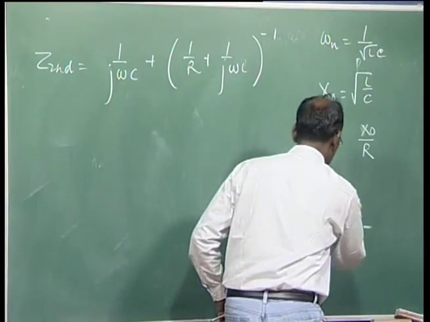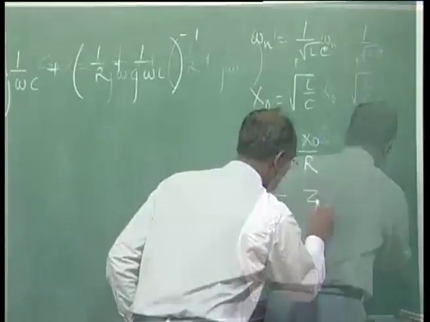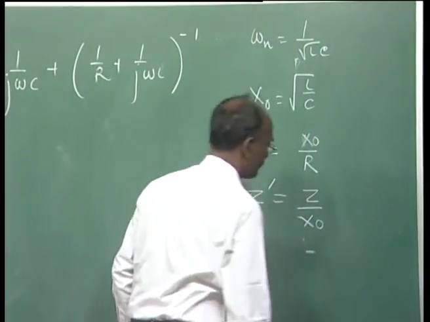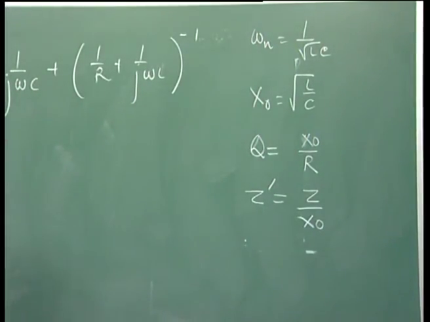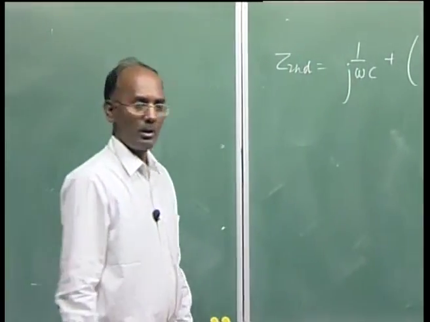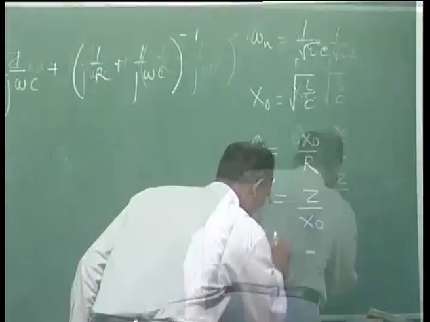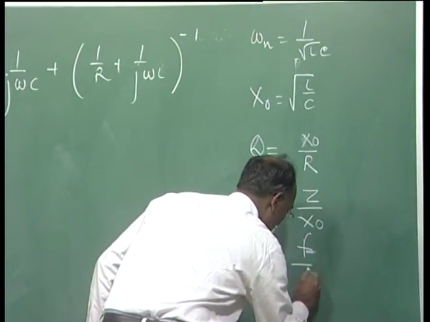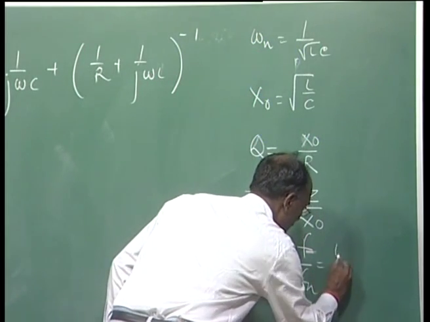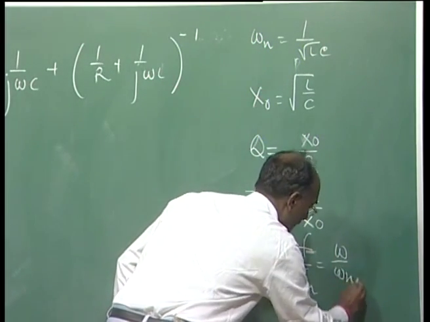Here this Z prime we are going to get is Z upon X naught, meaning we are talking about the per unit value. And another term here, f naught prime, is your f upon f n, or I can say omega upon omega n.